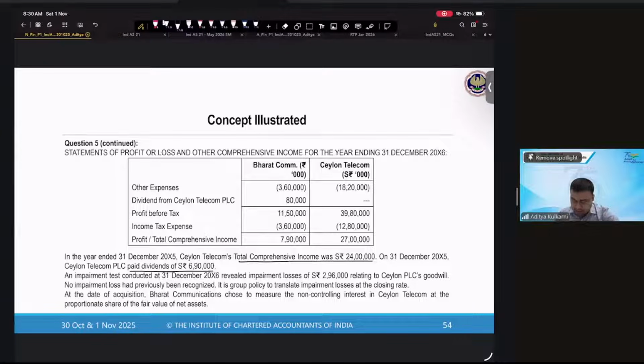An impairment test conducted at 31st December revealed impairment loss of 2,96,000 Sri Lankan rupees relating to Ceylon PLC's goodwill. No impairment loss had been recognized previously. It is the group policy to translate impairment losses at the closing rate. At the date of acquisition, Bharat Communications chose to measure the NCI in Ceylon Telecom at proportionate share of fair value of net assets.